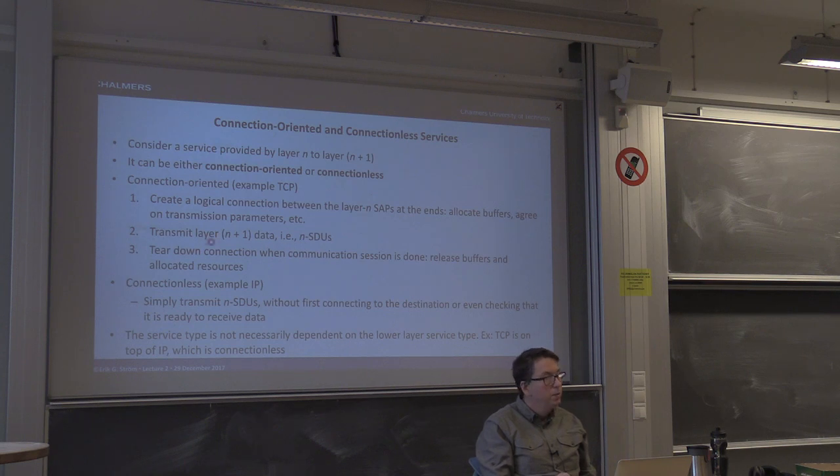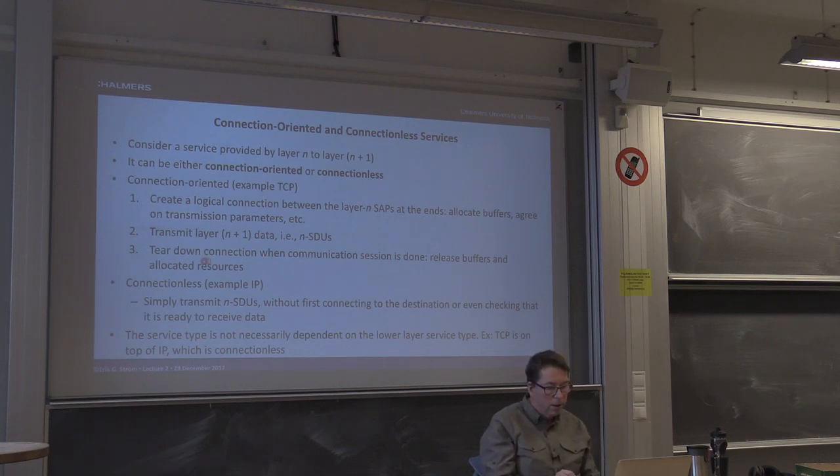And then I transmit them back and forth, back and forth until the layer above me tells me, okay, I'm done, or something breaks, right? But if everything is working as it should, I will be informed by the layer above me, okay, I'm done. I don't have use of you anymore, you can relax, right?